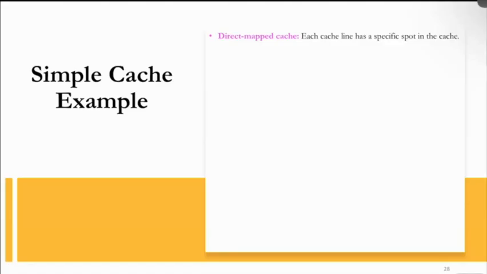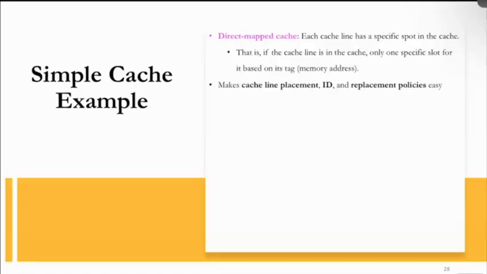That is, if the cache line is in the cache, there is only one specific slot for it based on its tag, which is computed based on the memory address of the block. And let us see how it provides the solution for all three questions: cache line placement, cache line identification, and replacement policies.